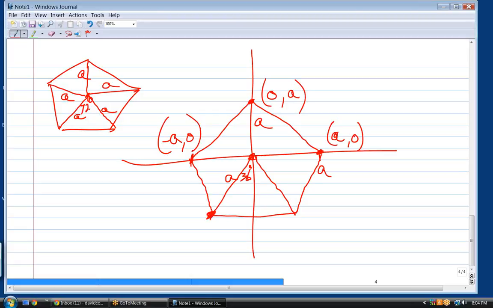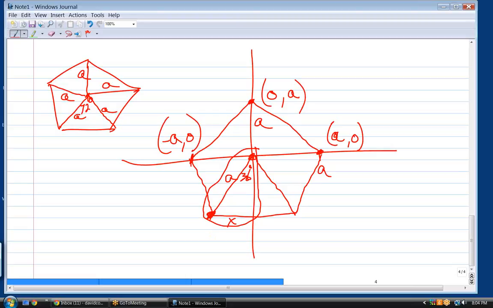What trig function can I use to describe that situation right there? I'm going to label this x because that's going to be the x-coordinate of that vertex on the left.